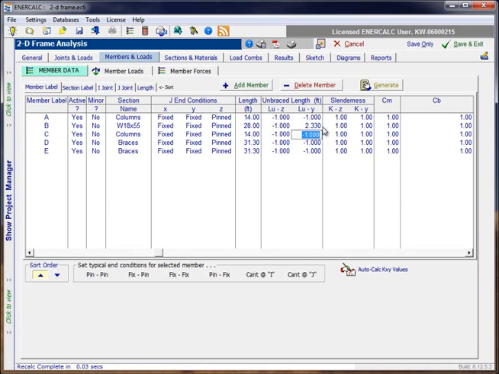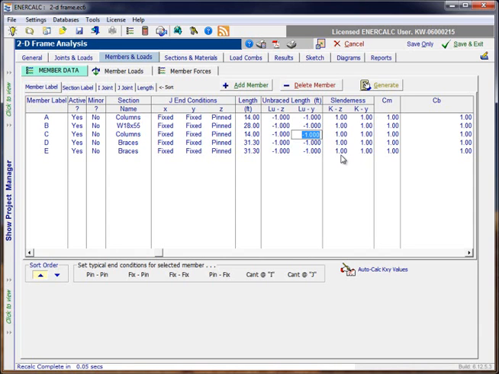So we can actually key in a value, and just remember this will set the value of the unbraced length both for the flexural analysis as well as it will be multiplied by the corresponding K factor for the unbraced length for axial capacity as well. What we might do in this case is just restore that to a -1 so that we can see how that would work. And then we can move over to the K factors.